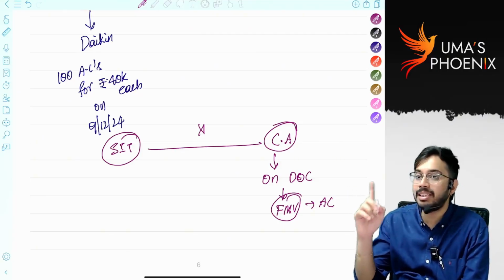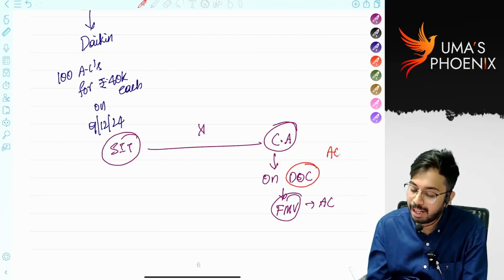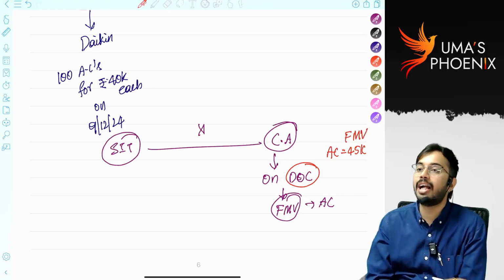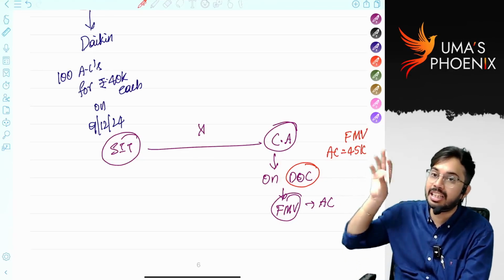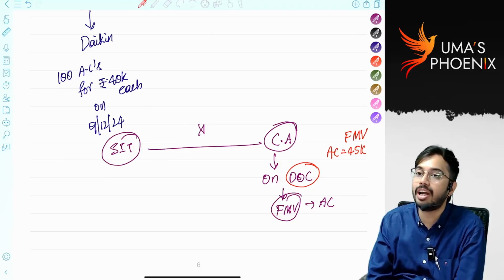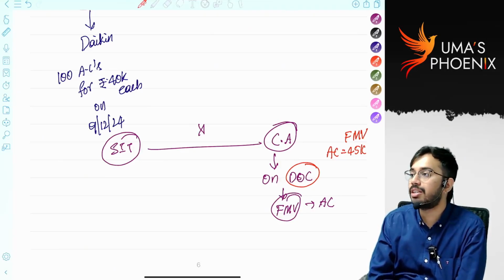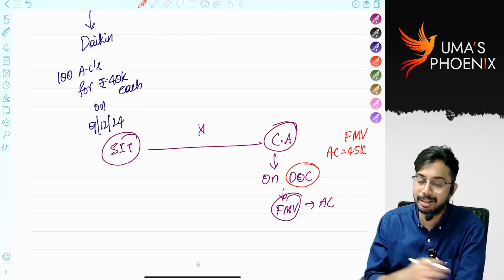On the date of purchase it is 40,000, but on the date of conversion the AC value is 45,000, fair market value is 45,000. Now the actual cost of plant and machinery, the actual cost of the new air conditioner that is installed, is 45,000 rupees. So on conversion of stock in trade into capital asset, actual cost is equal to fair market value on the date of conversion. Is it clear?